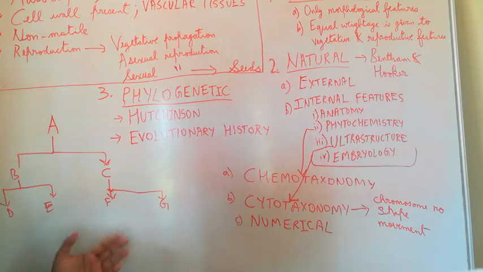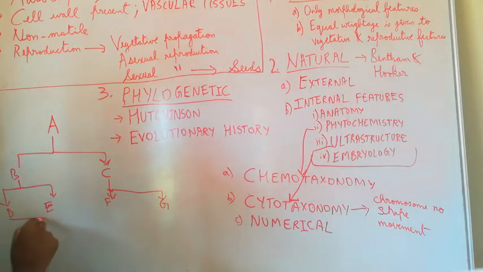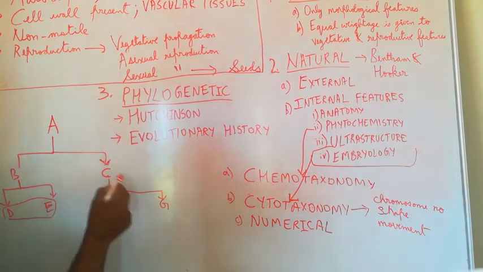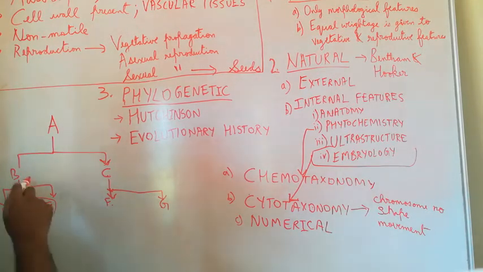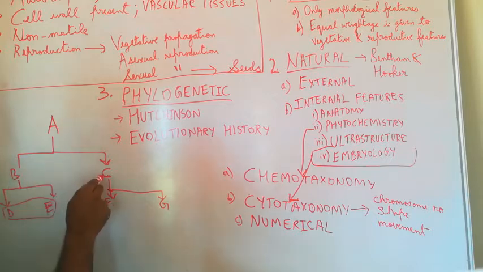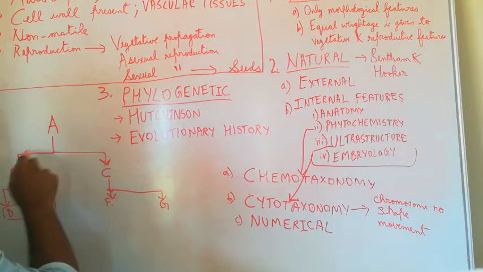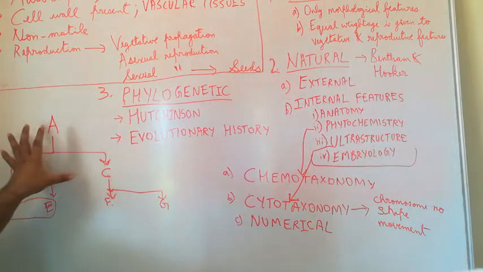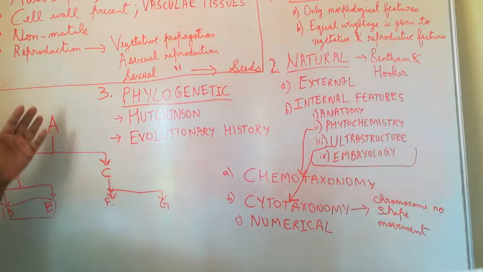Now looking at the graph very clearly, you can say that D and E are more closely related to B than C, whereas F and G are related to C. Whereas B and C are very closely related to A. So this is how the evolutionary history of the plant look like.